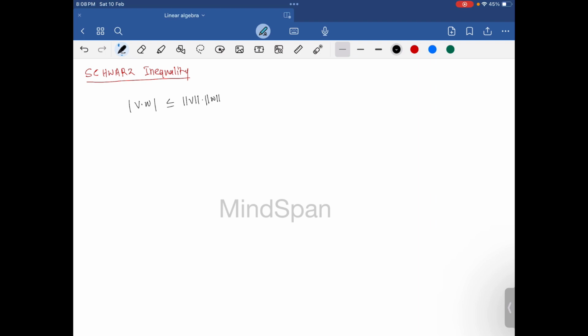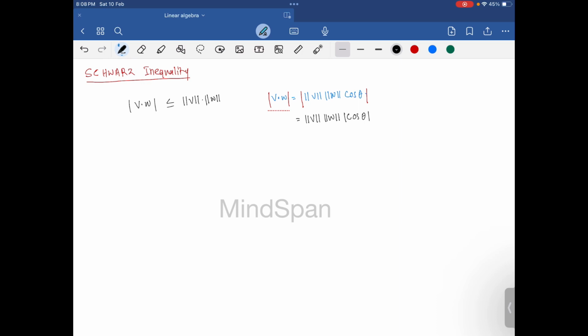What does it mean? How can we look at this? Let's suppose we have the cosine formula for the dot product, that is v dot w is equal to the norm of v and norm of w and cos theta, right? Now if we take the absolute value on both sides, that will be equal to the length of v and the length of w, and the absolute value of cos theta, right?